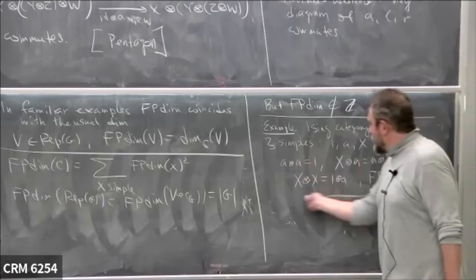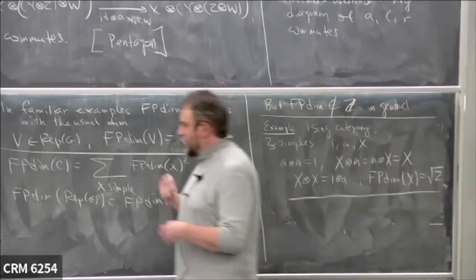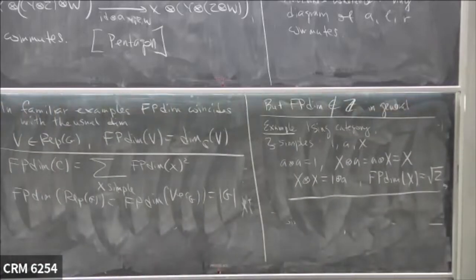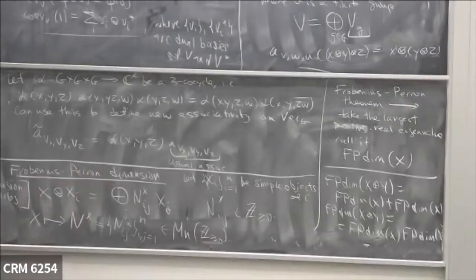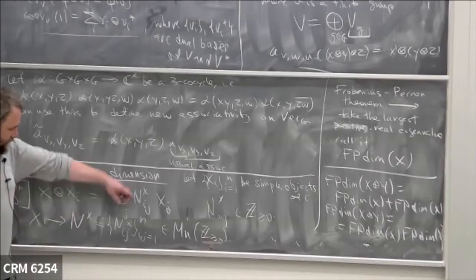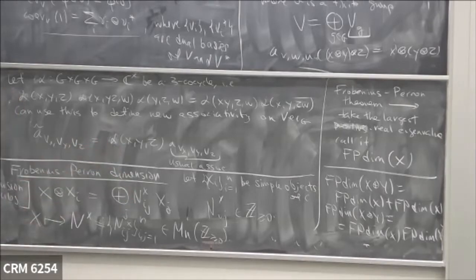Now, incidentally, these rules that govern the multiplication of simple objects are called fusion rules. Here, of course, it's enough to know it for X simple. In other words, there is an underlying ring that governs the multiplication of simple objects in the category.